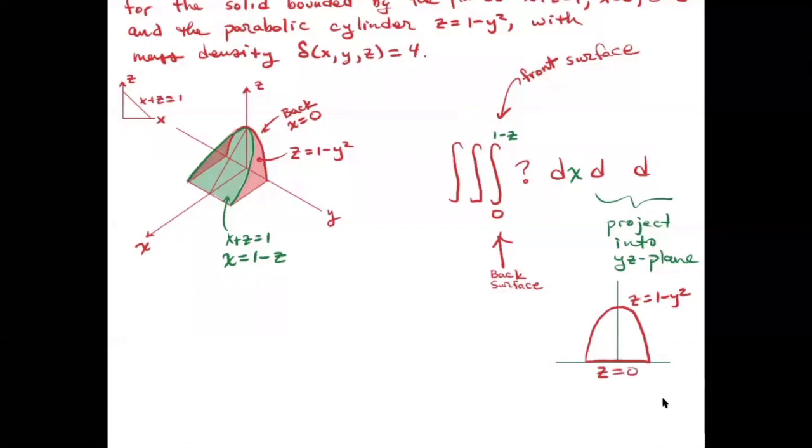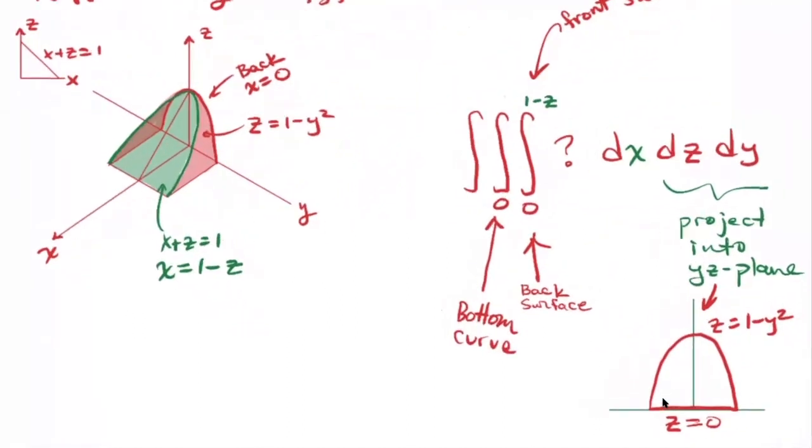So if we're going to go curve to curve, it should be bottom to top. So the next is going to be z. And then we'll do y last. So this is a bottom curve where z is 0, to a top curve where z is 1 minus y squared.